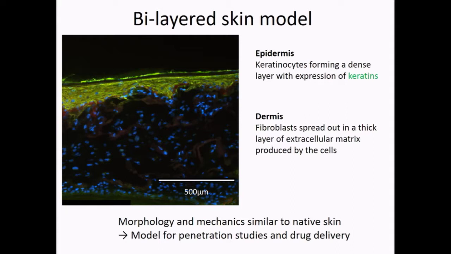So you see the bottom part is similar to the lower part of the skin, the dermis part. And then above we have this outer layer of the skin, which has cells that produce keratin. That is the thing that is on the outside of our skin.